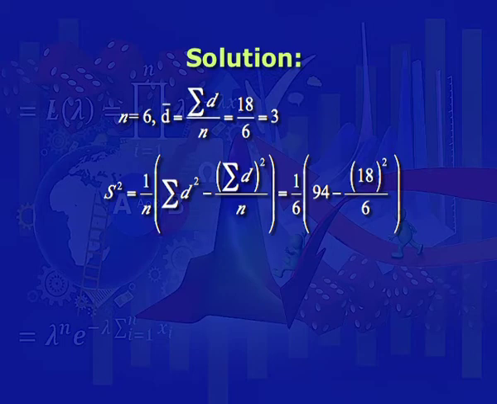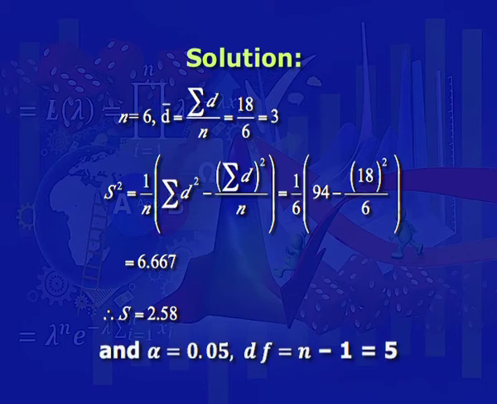Substituting the value of summation d square and summation d from the earlier table, we can find value 1 upon 6 into 94 minus square of 18 divided by 6. On simplification, we get the value of s square 6.667. If we find the square root of this s square, we get the standard deviation s equal to 2.58. And we have given level of significance alpha 0.05 and degrees of freedom n minus 1 is 5.